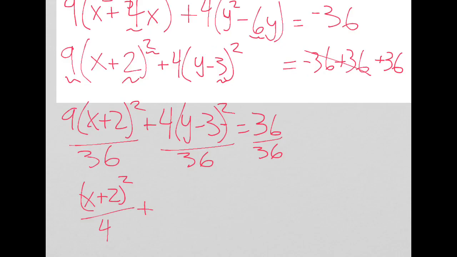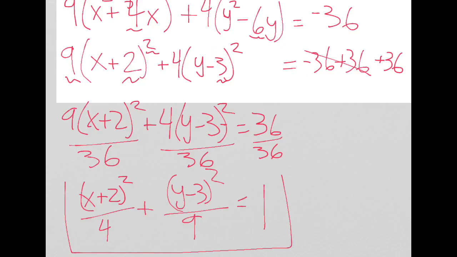It is 1/9. And so I'm left with y minus 3 squared over 9 equals 36 over 36 is 1. So take a look at how those numbers just played together and how we ended up with our totally factored conic form standard ellipse equation.